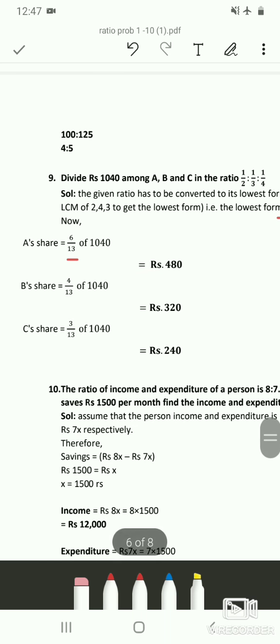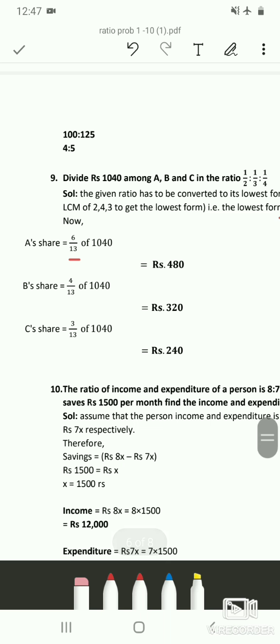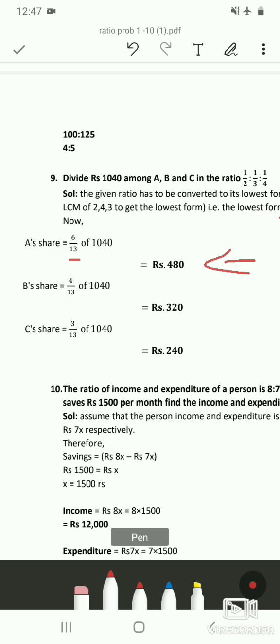So A's share is 6 upon 13 of rupees 1040. Simplify it, and you will get A's share as rupees 480.